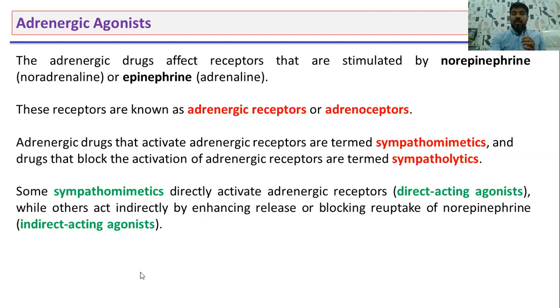Indirect acting agonist works by either enhancing the release or blocking the reuptake of norepinephrine. In this situation, there will be a high concentration of norepinephrine in the synaptic cleft, and we can get a huge effect of adrenergic activity.